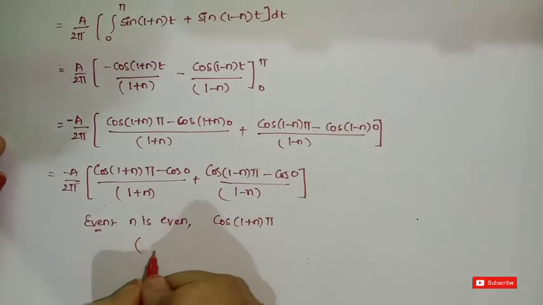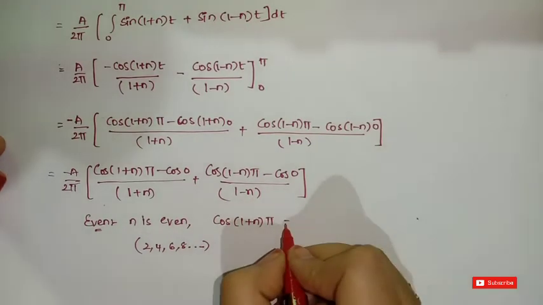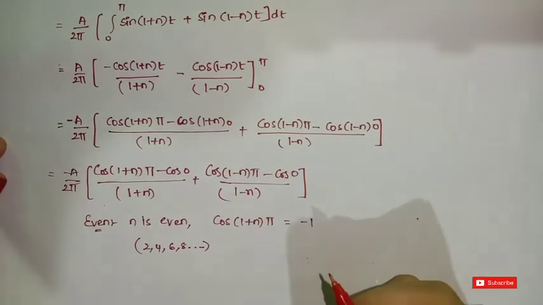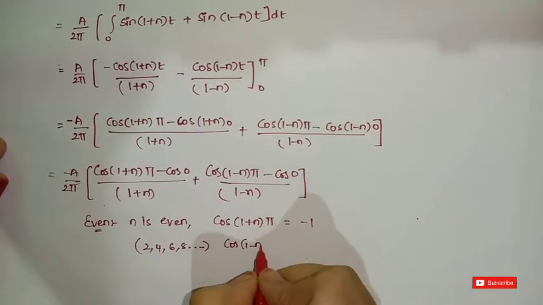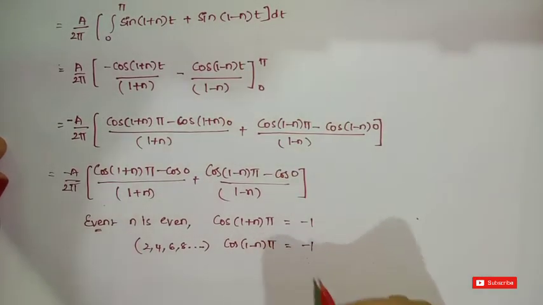What are the even values? 2, 4, 6, 8 and so on. Cos of (1 plus n) into pi is nothing but minus 1. In the same way, cos of (1 minus n) into pi is also equal to minus 1.